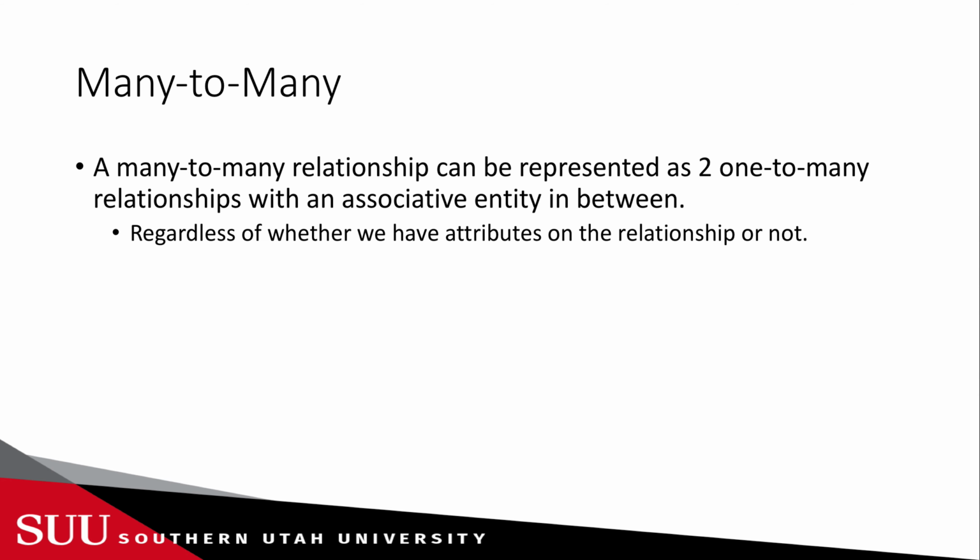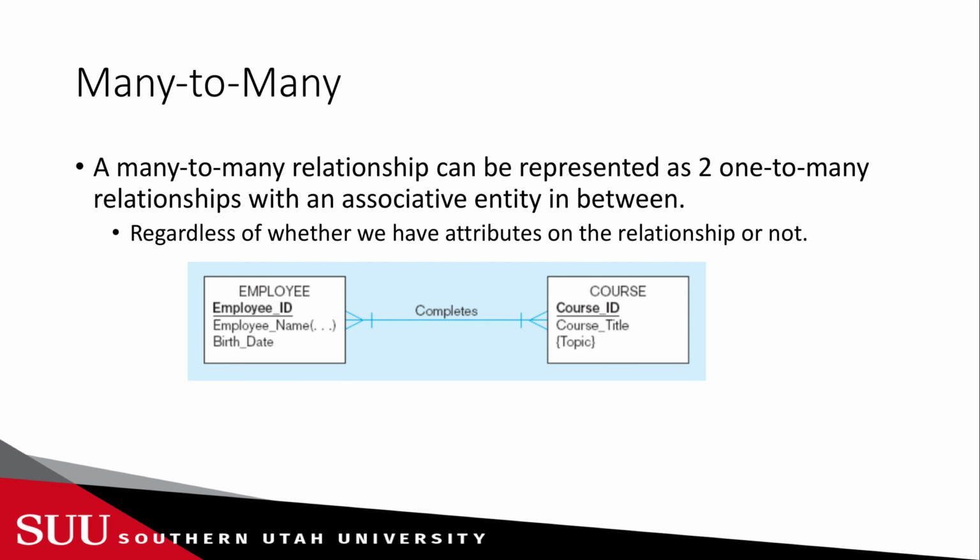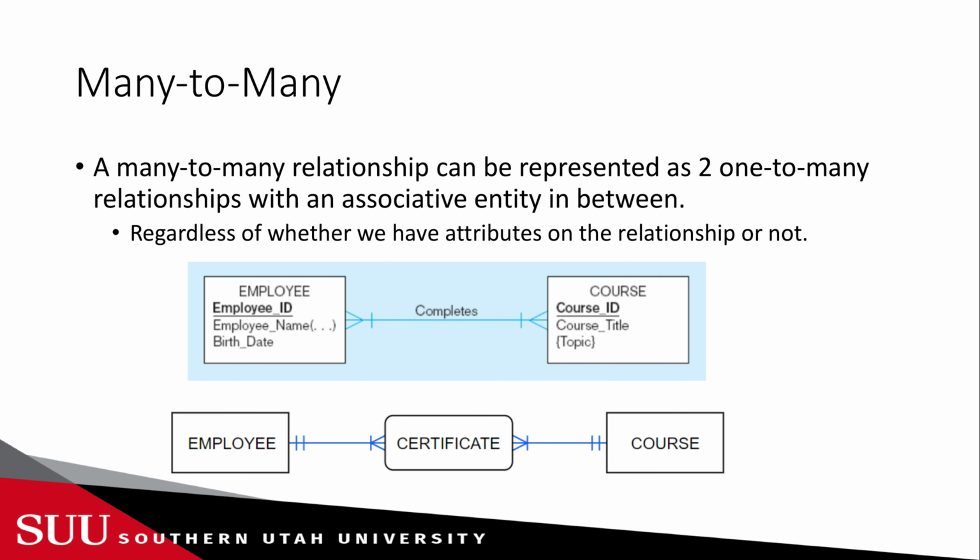A many-to-many relationship can be represented as a one-to-many relationship with an associative entity in between. Now, what we discussed before is we talked about having some attributes in the relationship. But what I have right here is without any attributes in the relationship. So regardless of having attributes on the relationship, you will have to convert many-to-many relationships into an associative entity eventually.